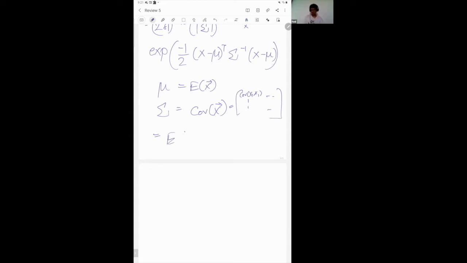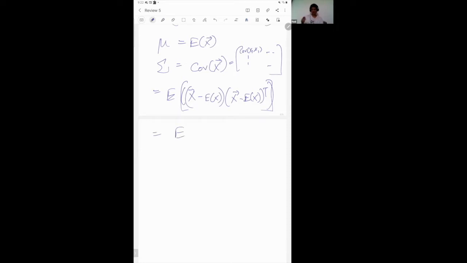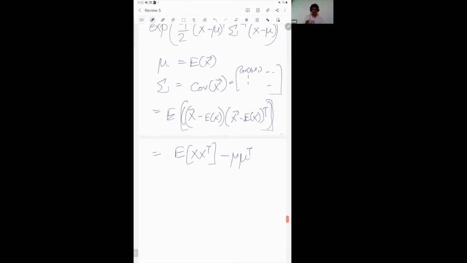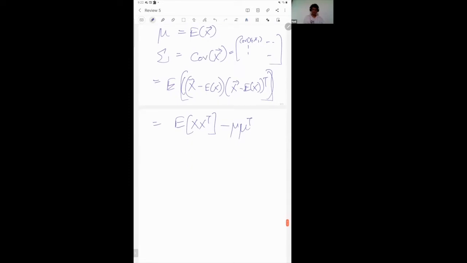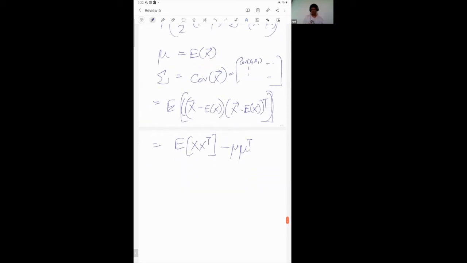This is directly also equal to this thing. I hope you are able to draw parallels from the 1D case, and even in the d-dimensional case I think you are very familiar with all this, so I'm not going through it in detail. All of this is easy to prove: you can just put in the definition of the covariance matrix and get these two. So this is our normal plain old d-dimensional Gaussian.